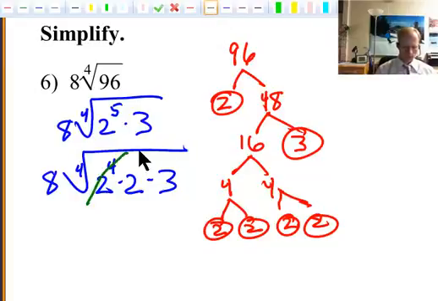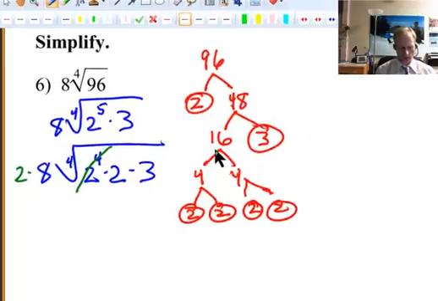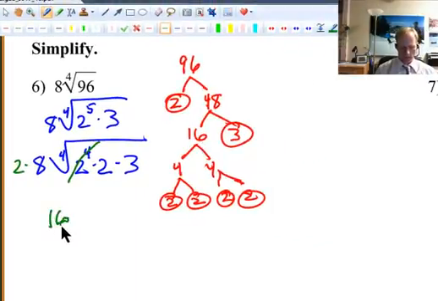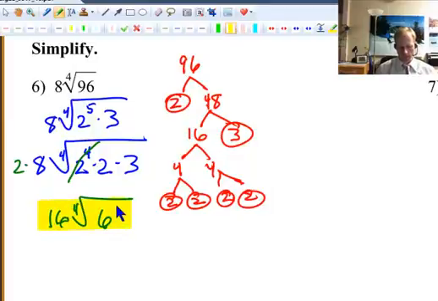And now I go through and take out any base with an exponent of 4, and I write it outside the radical. And then lastly, I'm going to multiply the 2 and the 8 together and the 2 and the 3 together, and I get my final answer, which is 16 times the 4th root of 6.